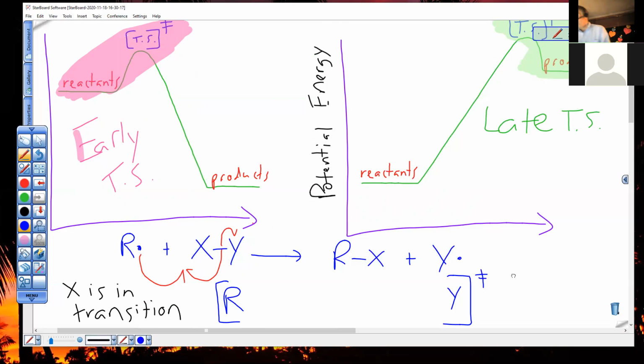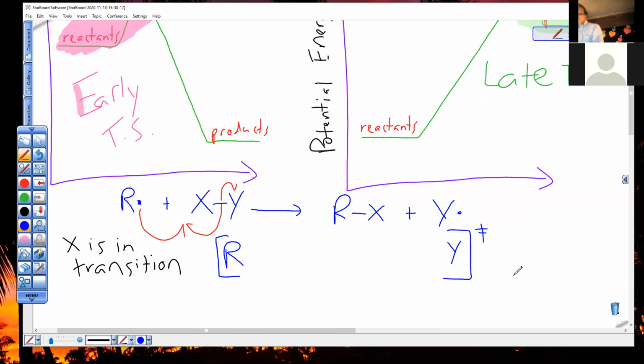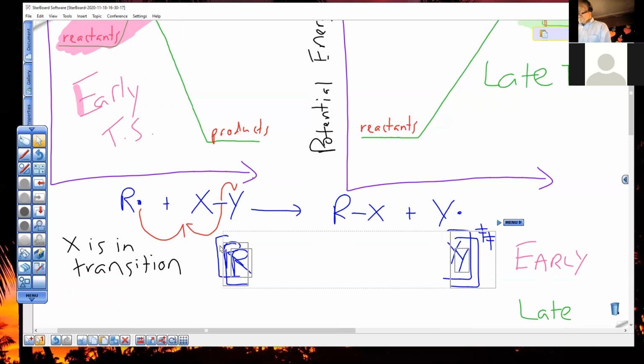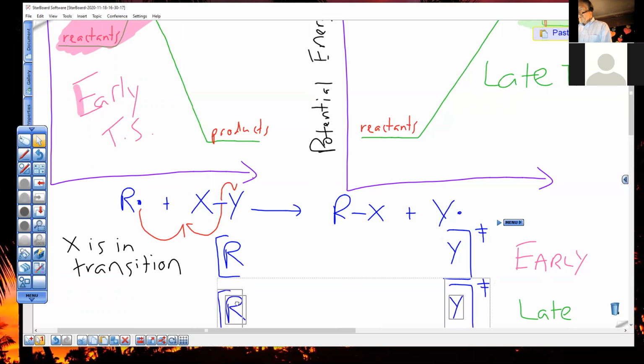And we'll do early and late. We'll do early first because it was first in the diagrams. And we'll do late next. And here we go. Copy paste. X is transitioning.